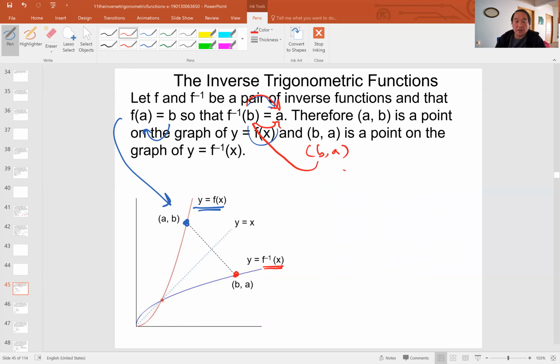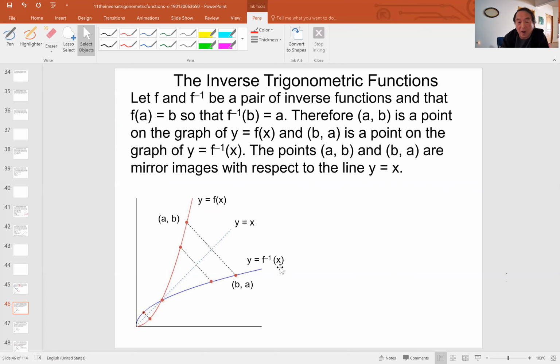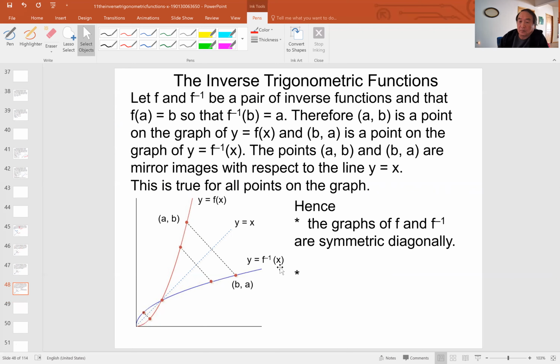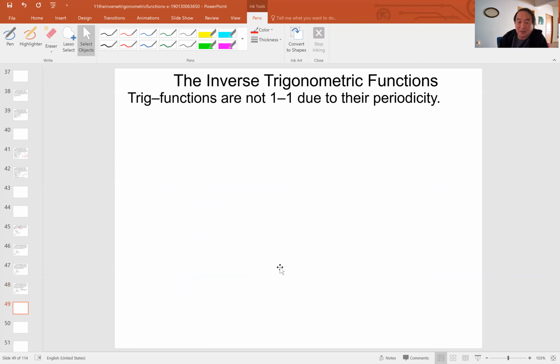So the implication on the picture is that for any point (a, b) on the original graph, you will get the point (b, a) on the inverse graph. If you plot through all of these points on f of x, you get the reflection across the identity line for the graph of the inverse function. So the graphs of f and f inverse are symmetric diagonally.